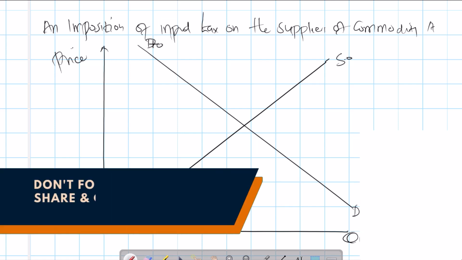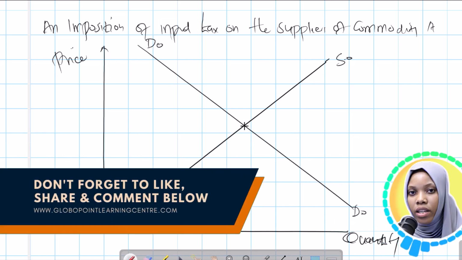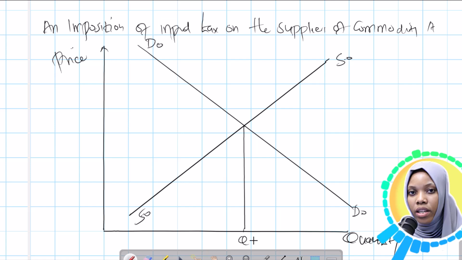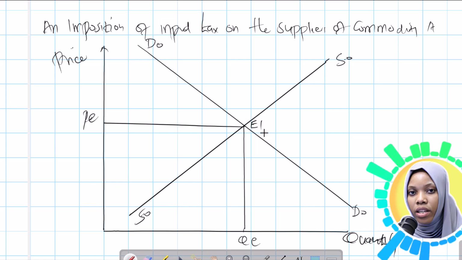And our equilibrium quantity is QE, and our original equilibrium price is PE, and we're going to call this point E1.